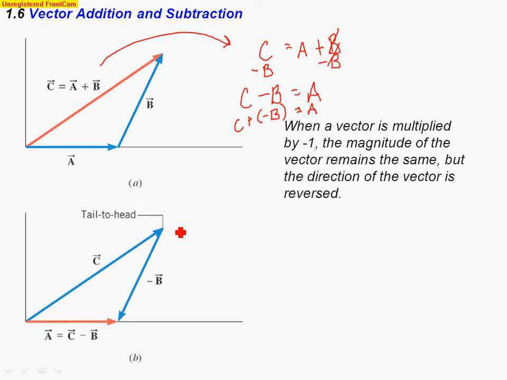So C plus negative B. Then if we draw a line from where we started to where B ended, we get our resultant vector, and sure enough that gives us A. So we see that this A is equal to C minus B, or C plus negative B.